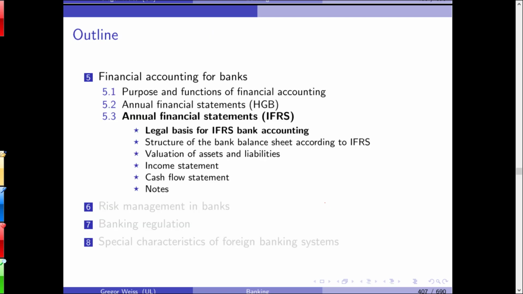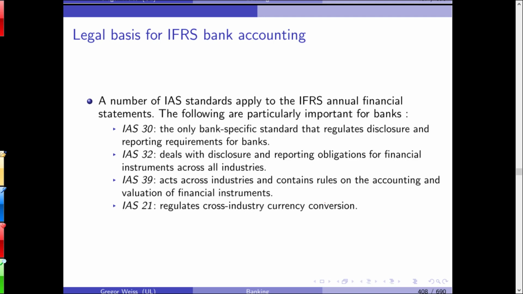Okay. What's the legal basis for IFRS bank accounting? There are a number of so-called international accounting standards, IAS standards, that apply to the IFRS annual financial statements, and the following standards are particularly important for banks: IAS 30, IAS 32, 39, and 21.